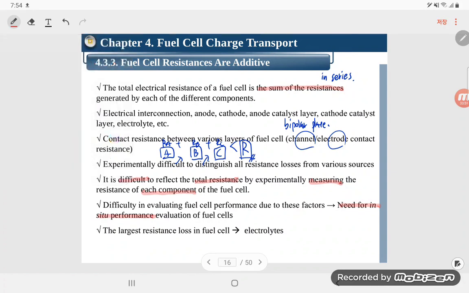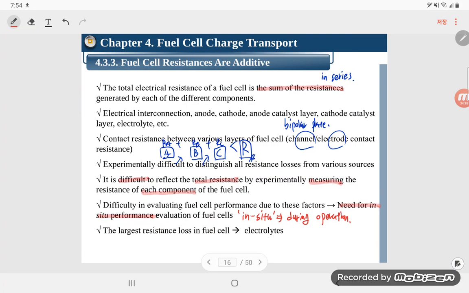The in situ measurement is required. So what is in situ? In situ means during operation.